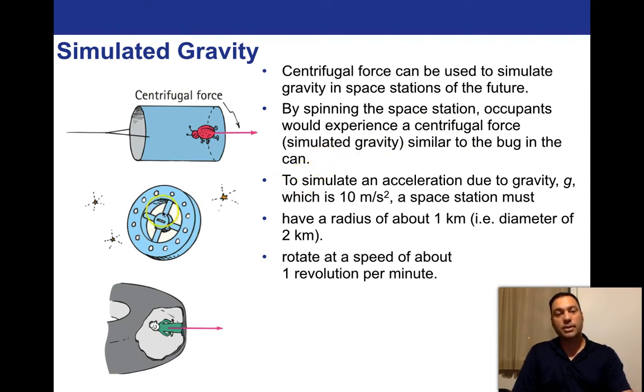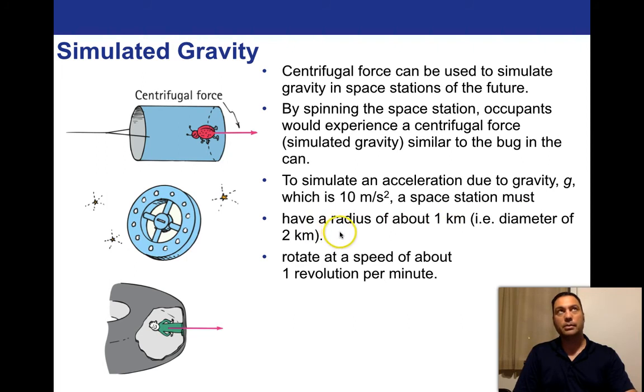In fact, to get Earth-type conditions, all you need to do is simulate an acceleration due to gravity, which is g, which is 10 meters per second squared. The space station must have a radius of about 1 kilometer. That's pretty big, right? Just say a diameter of about 2 kilometers.